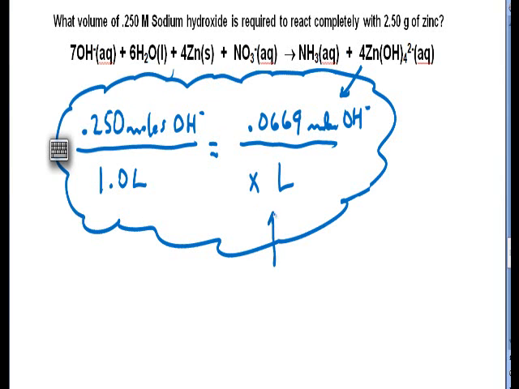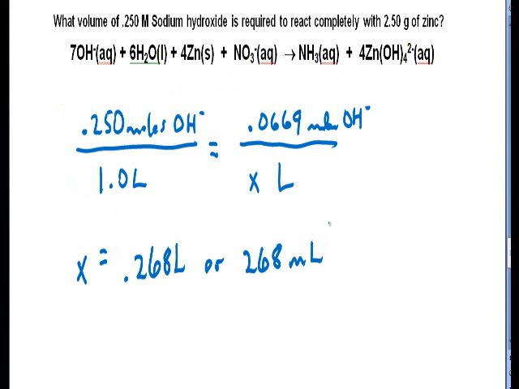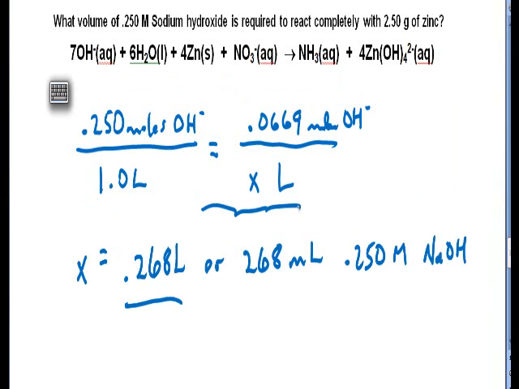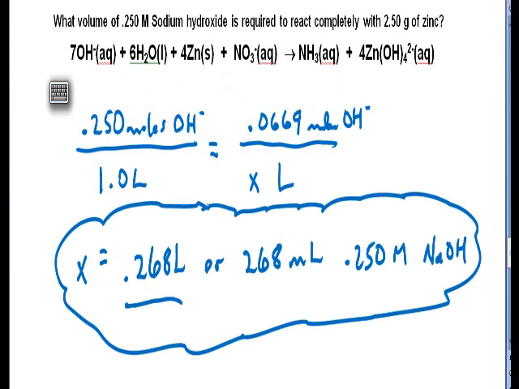We can now figure out how many liters of our hydroxide solution will contain the needed 0.0669 moles of hydroxide. Solving for X gives us 0.268 liters, which would be 268 milliliters of 0.250 molar NaOH will provide us with the needed amount of hydroxide ions to completely react with our 2.50 gram sample of zinc.